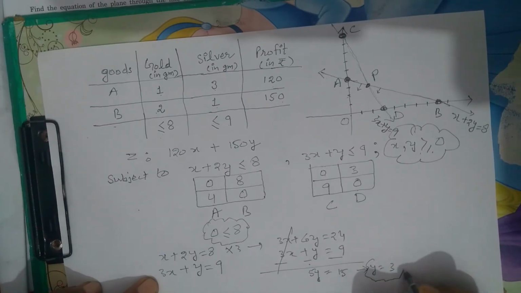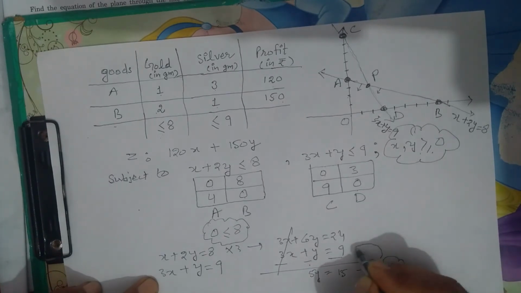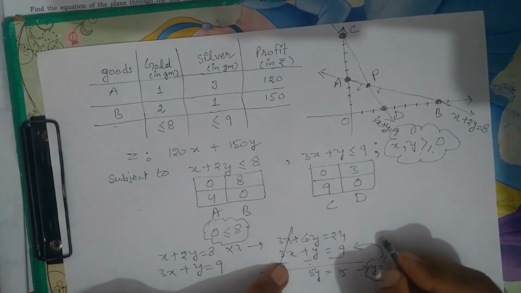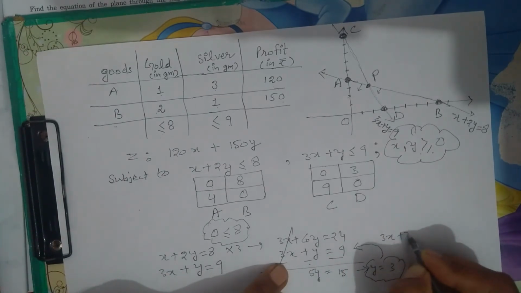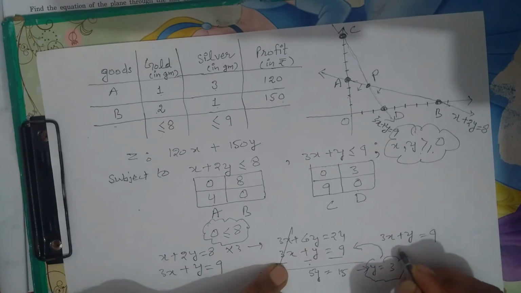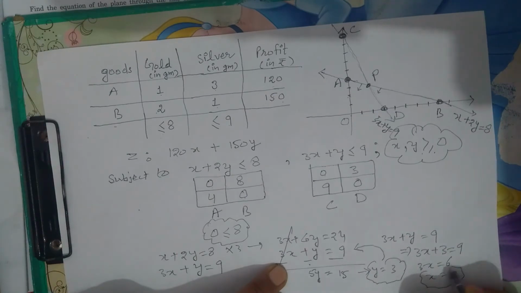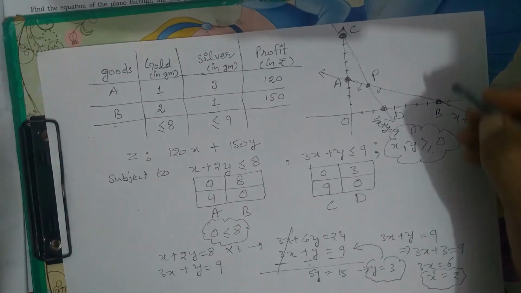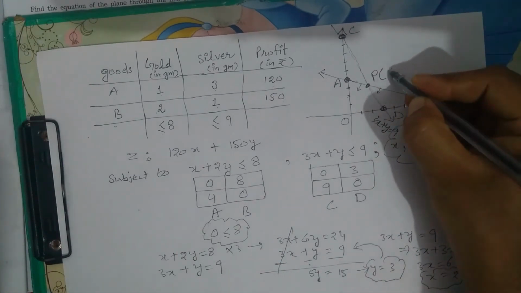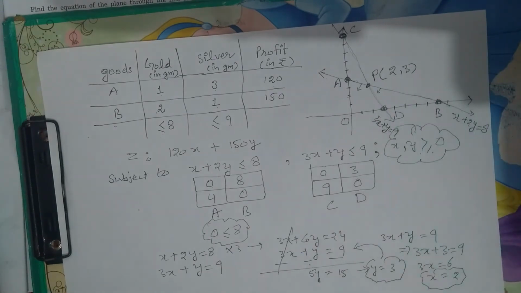Substituting this value in 3x plus y is equal to 9, 3x plus 3 is equal to 9, 3x is equal to 6, x is equal to 2. So the P point is 2 comma 3.